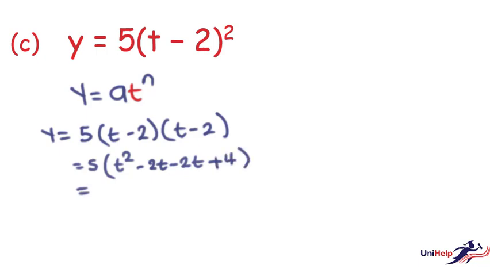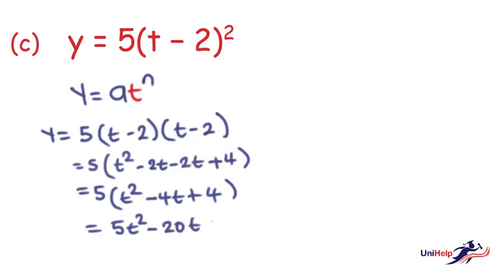Which is equal to 5 into t squared minus 4t plus 4. Which when we expand is 5t squared minus 20t plus 20. And these are equal to each other.